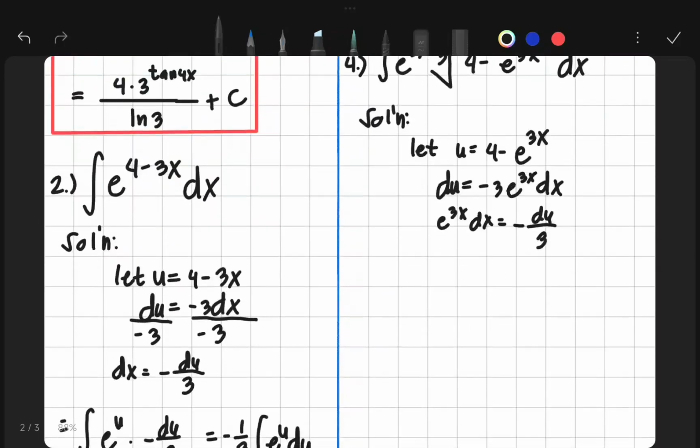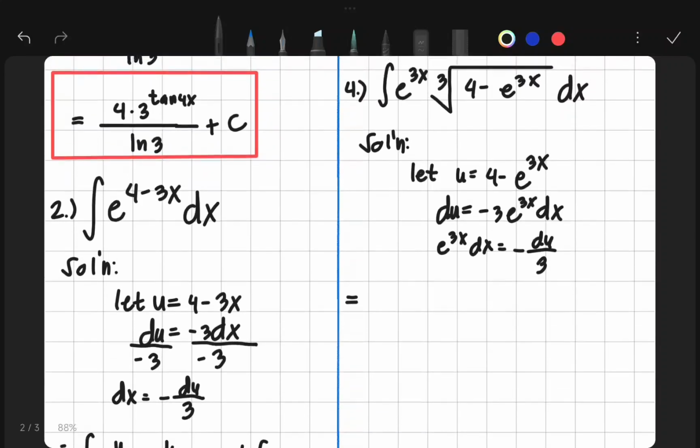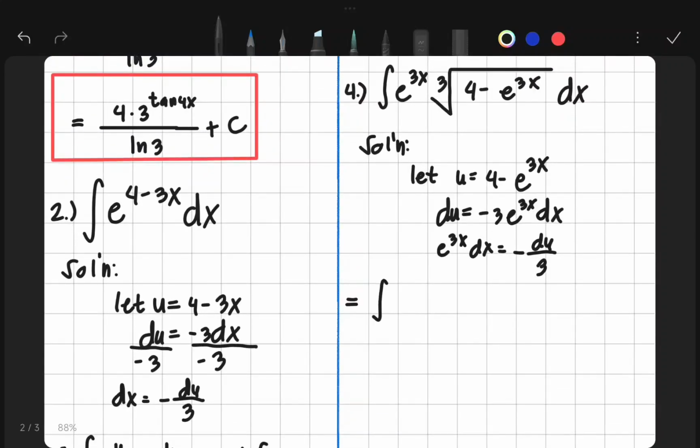Okay? So after, we write this in terms of u. This will become the integral of the cube root of u, and e raised to 3x dx is equal to negative du over 3.